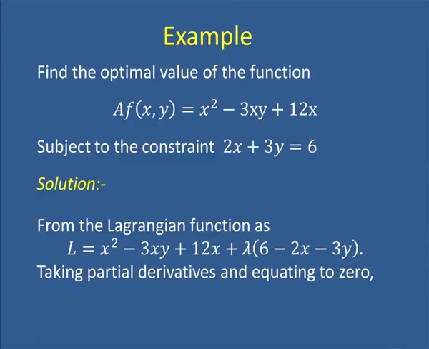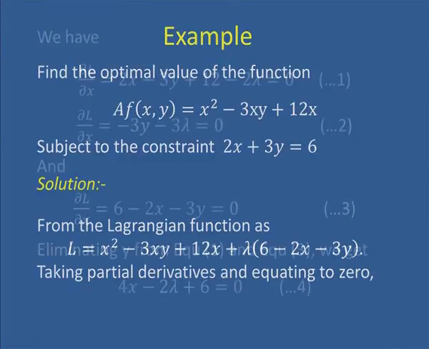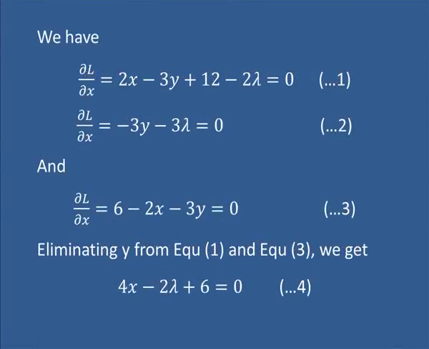Taking partial derivatives of this Lagrangian function and equating them to 0, we find del L over del x is equal to 2x minus 3y plus 12 minus 2 lambda is equal to 0. Del L over del y is equal to minus 3x minus 3 lambda is equal to 0, and del L over del lambda is equal to 6 minus 2x minus 3y is equal to 0.